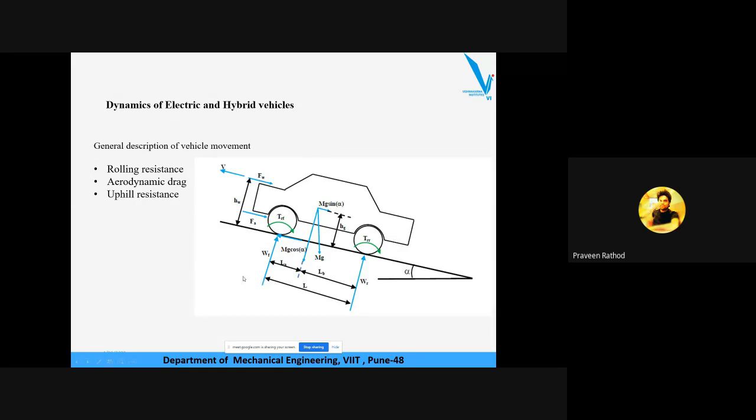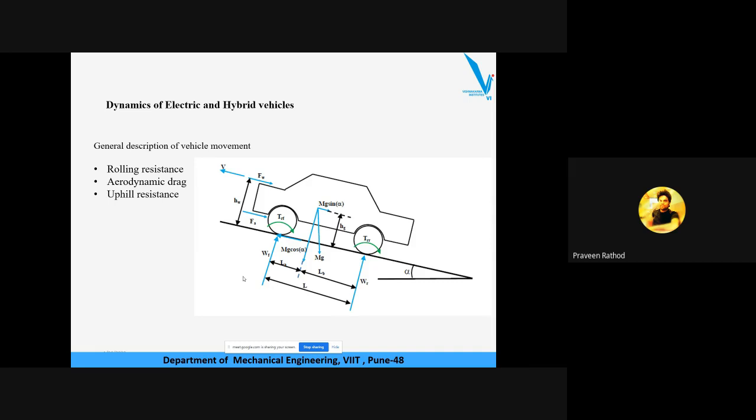Whenever we do calculations, we need to find out the reaction force at the front wheel and the reaction force at the rear wheel. So it can be treated as WF and WR.